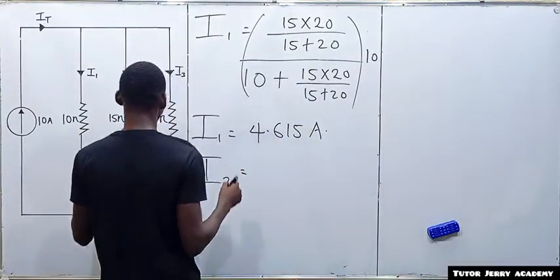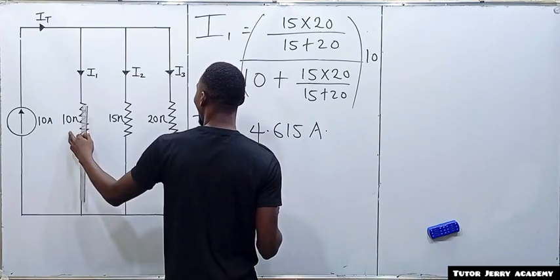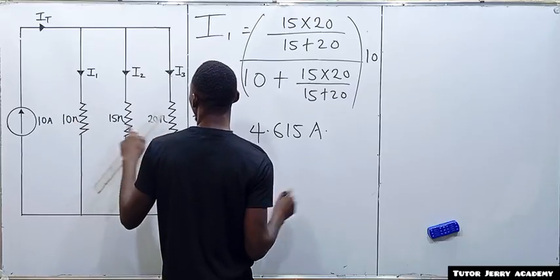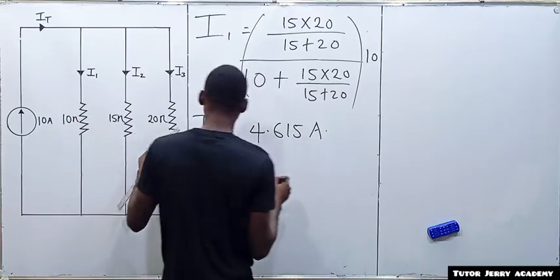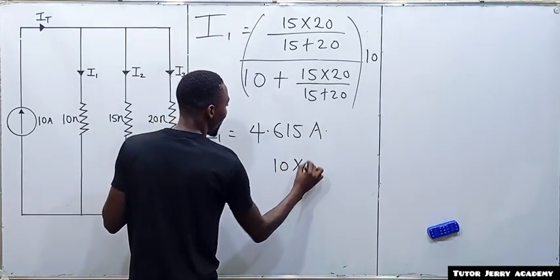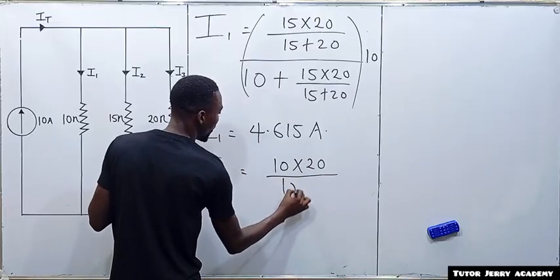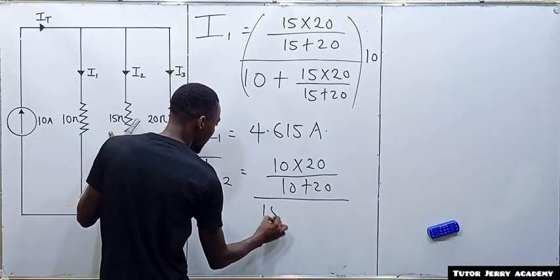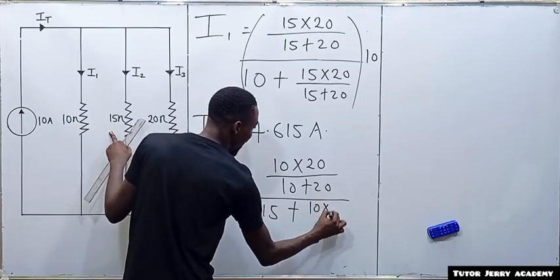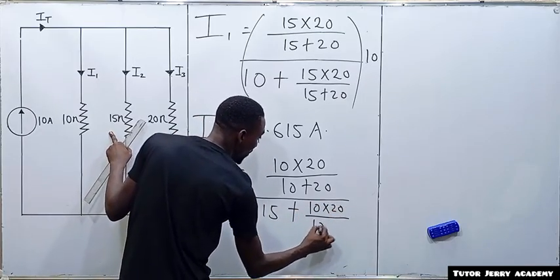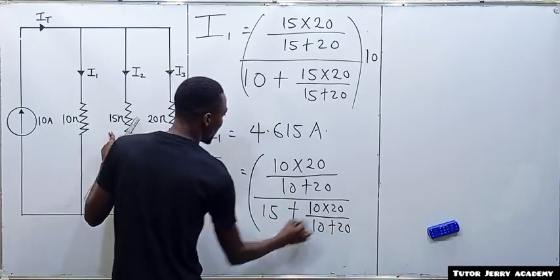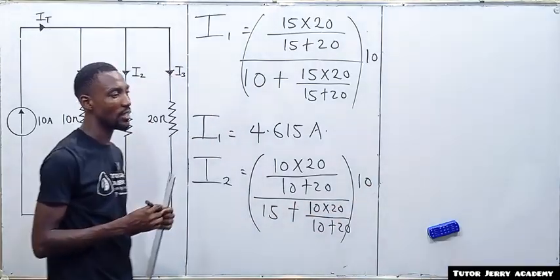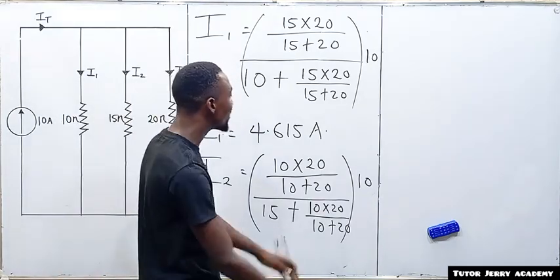So to find I2, we take 10 and 20 in their parallel equivalent form: 10 multiplied by 20 all over 10 plus 20, all over 15 plus 10 multiplied by 20 all over 10 plus 20. Then we multiply this by 10. If you press this directly in your calculator as well, you are going to have 3.076 ampere.